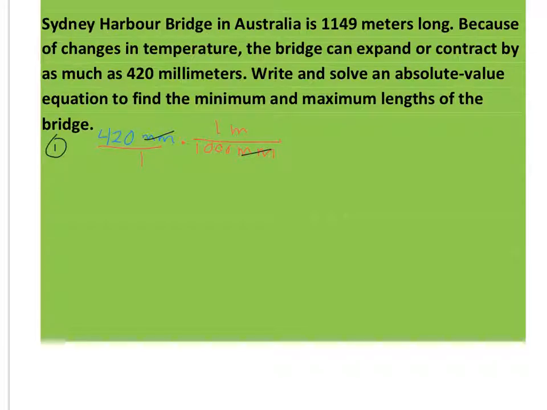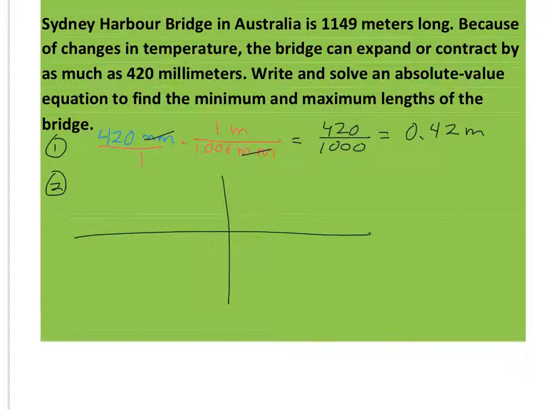So essentially, I'm going to take 420 and put it over 1,000. And we're going to come up with a decimal equivalency. If you plug that into your calculator, you should get 0.42 meters. So then your second step is to set up your absolute value statements. So I like to use my 4-box method.